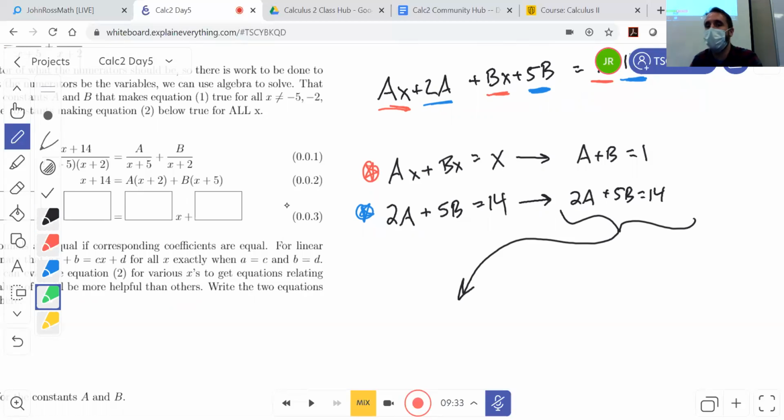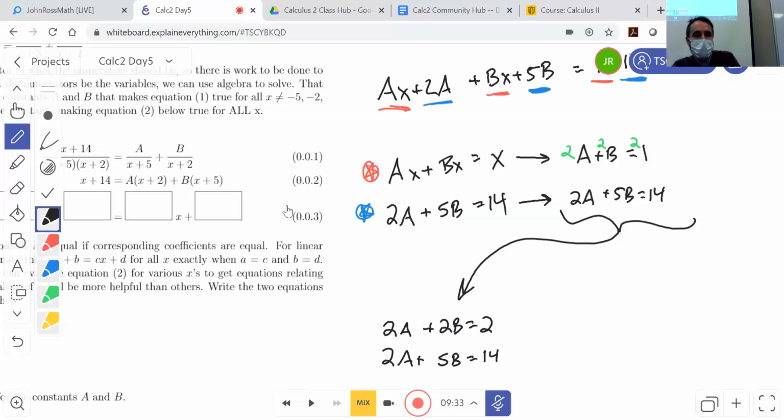In this case, we could multiply across the entire top by 2 to say that if A plus B equals 1, then 2A plus 2B equals 2. Right, so we end up with this new list of equations. 2A plus 2B equals 2. 2A plus 5B equals 14.